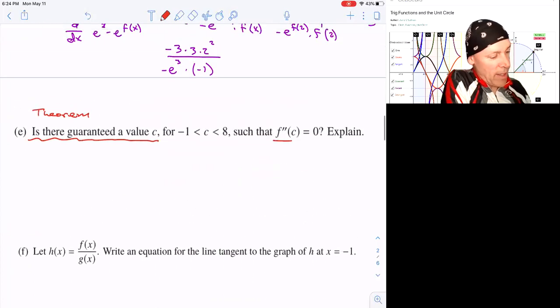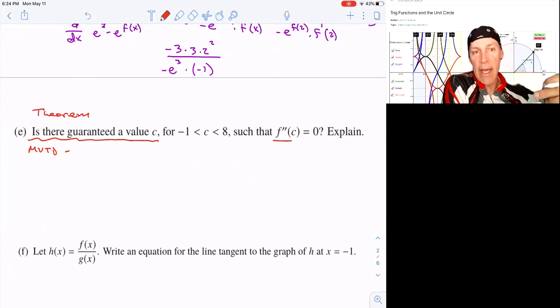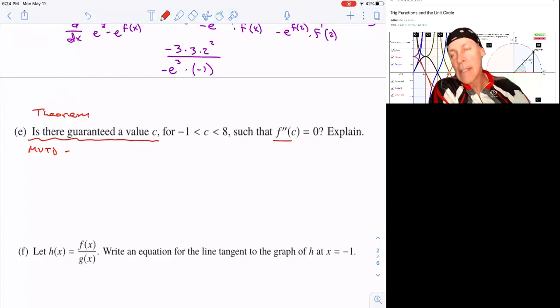So we're basically saying mean value theorem for derivatives, and it would be good to restate, once you've identified what the theorem is, the conditions as they've occurred. Because we're saying that the mean value theorem for derivatives applies, that must mean the ifs are true, our conditions are true.